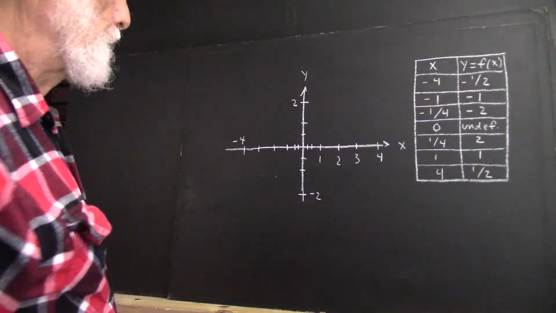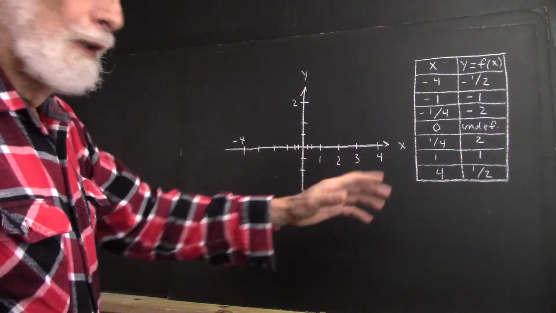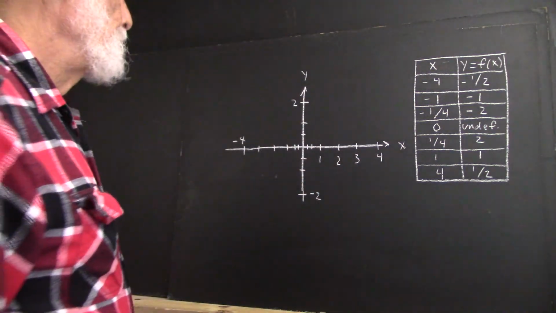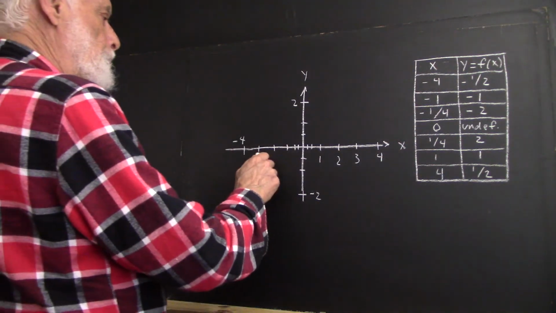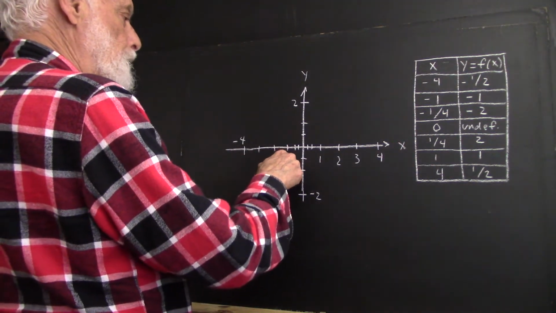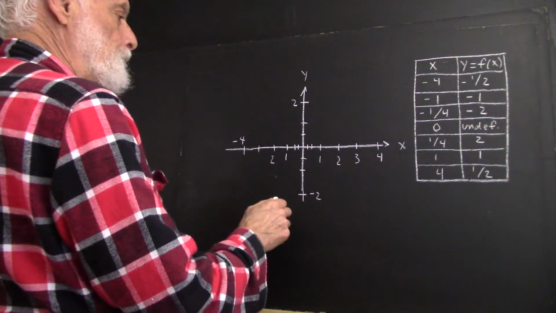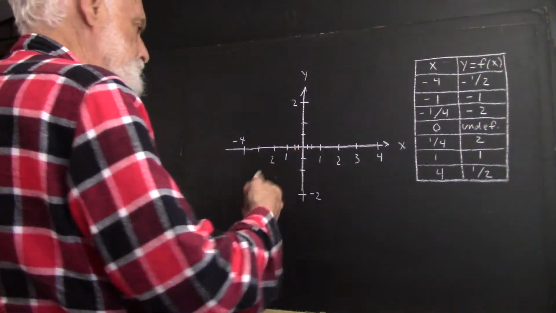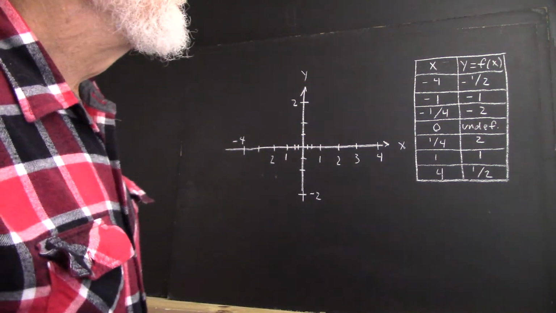Again, I don't have the scale perfect, but we understand what these marks mean. I don't have to label them everywhere, but I'll label 1 here, 2 here, and so forth.